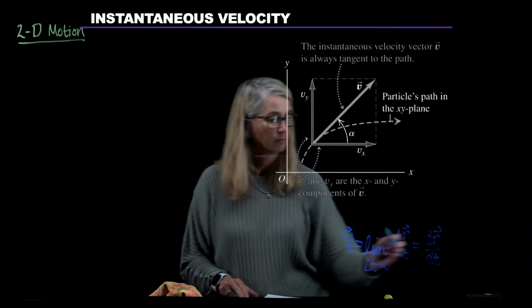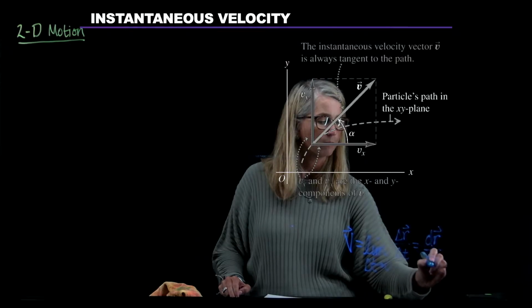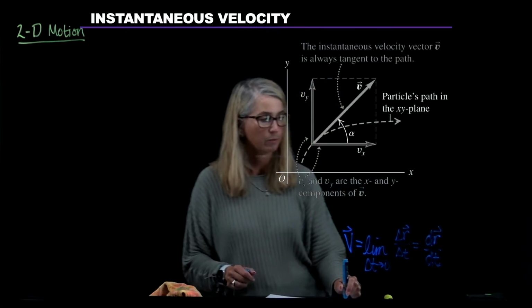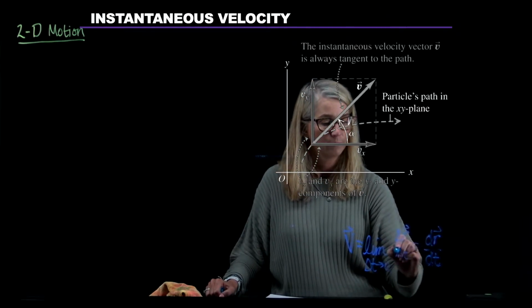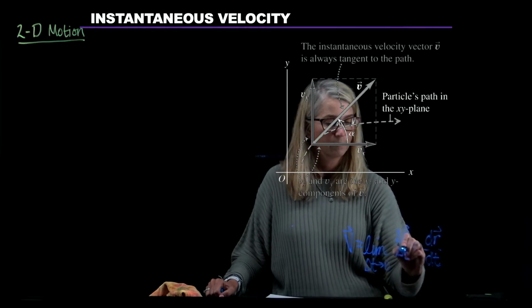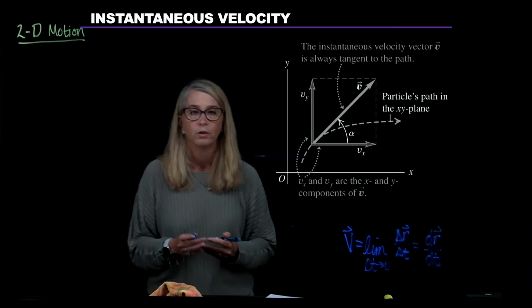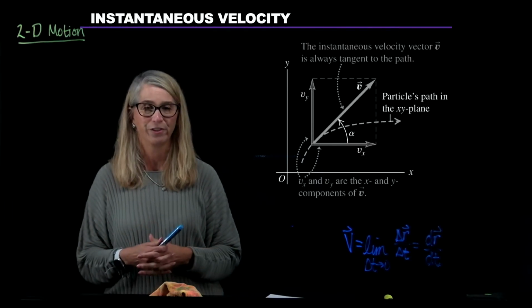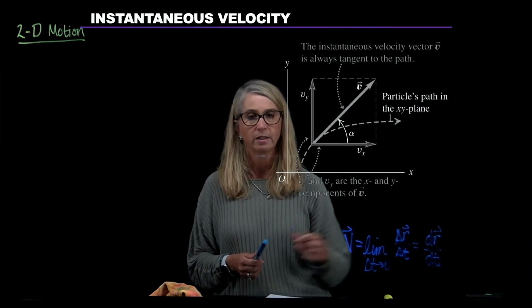of the position with respect to time. So that's a little bit hard to see, and I'm going to try to fix that. So the instantaneous velocity, or as we like to say, just velocity, is just the derivative of the position with respect to time.